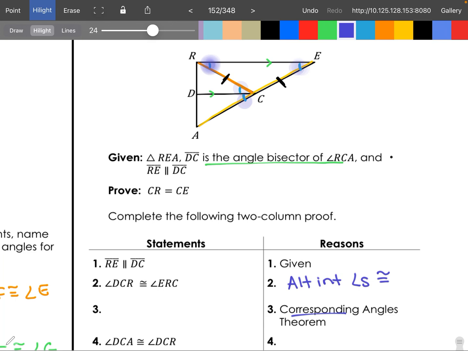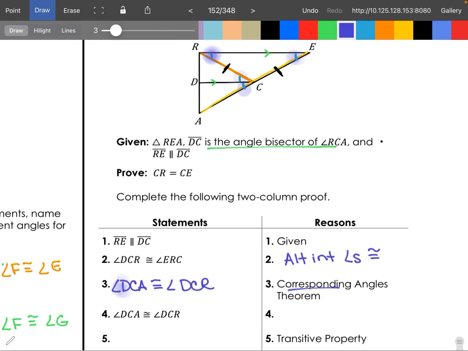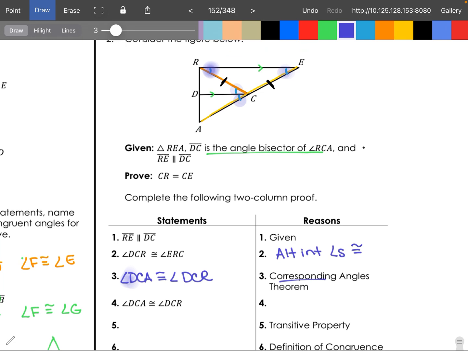So I'm just going to say that angle DCA, that's the bottom one, is congruent to angle DCR because of the corresponding angles theorem. Now, I also know that DCA is congruent to DCR.